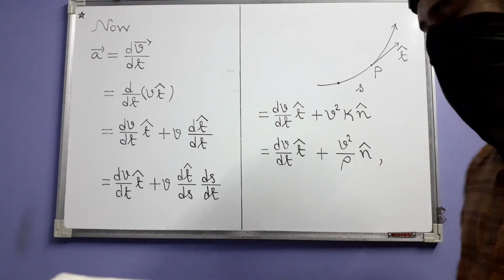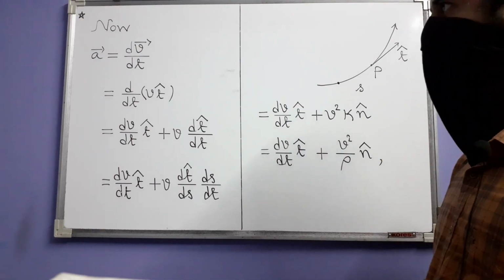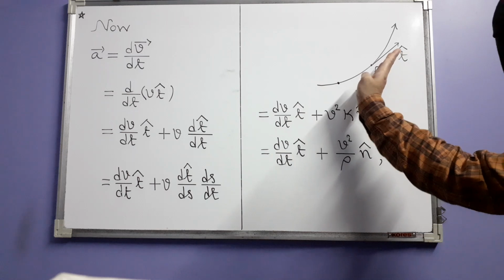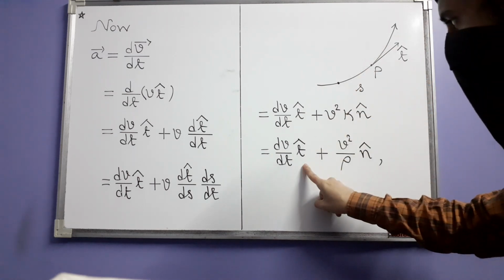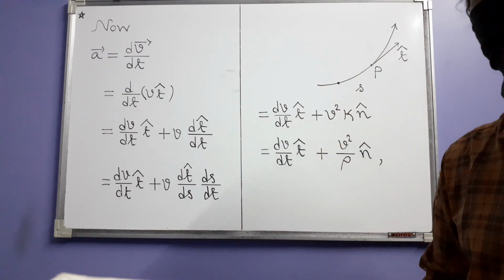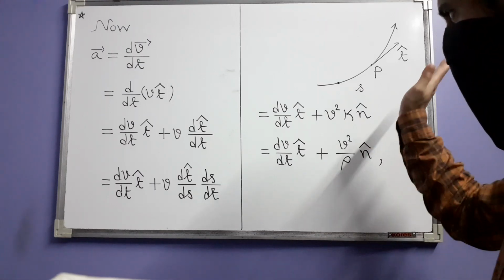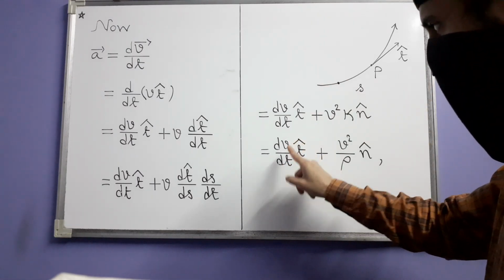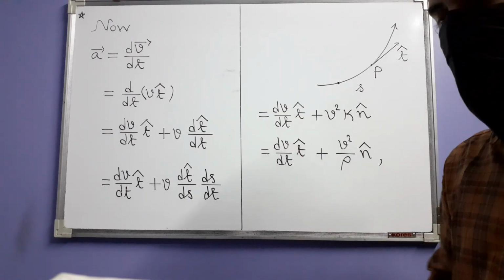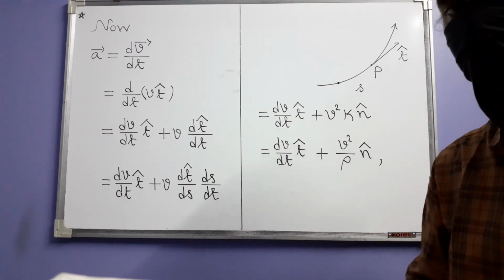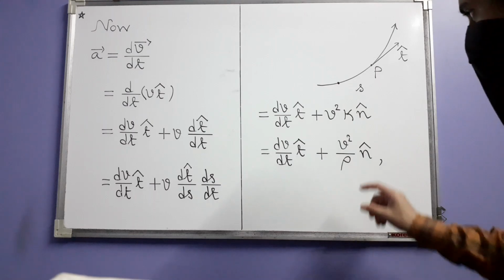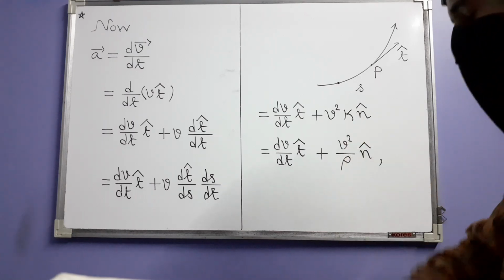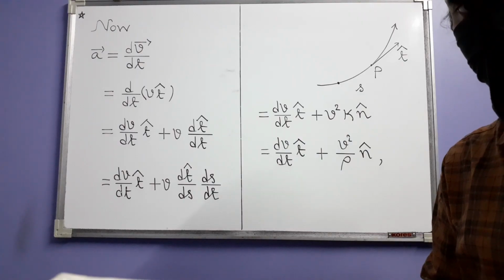So what do you see here? You see that the acceleration is actually a linear combination of the unit tangent vector and the unit normal vector, and the components along these directions are respectively this. The first one is dv/dt, the rate of change of speed with respect to time, and the second component is quite strange, v squared divided by radius of curvature.